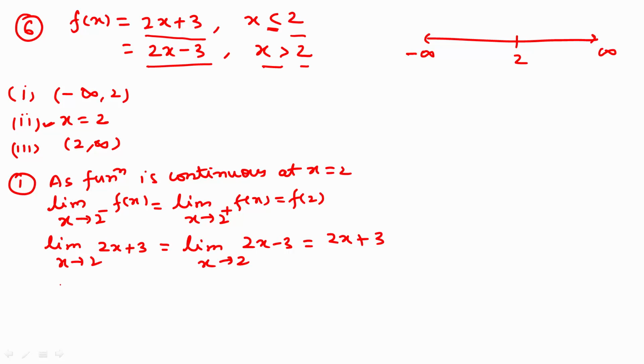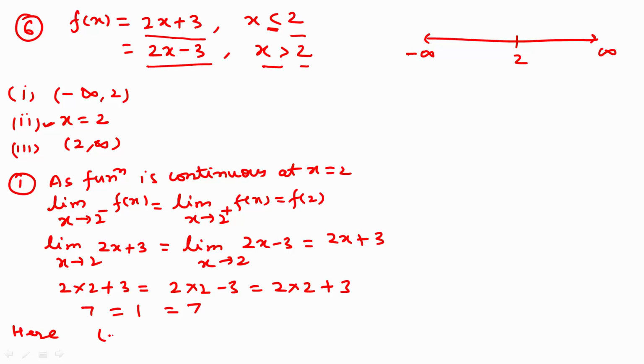On taking limit, 2 into 2 plus 3, 2 into 2 minus 3, 2 into 2 plus 3. 2 2s are 4 plus 3 is 7, 2 2s are 4 minus 3 is 1, 2 2s are 4 plus 3 is 7. You can see that here left hand limit is not equal to right hand limit, so function is discontinuous.